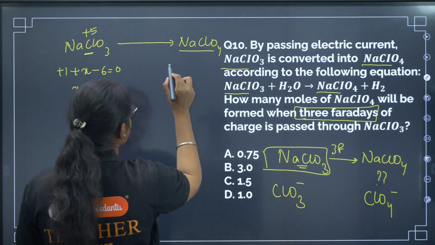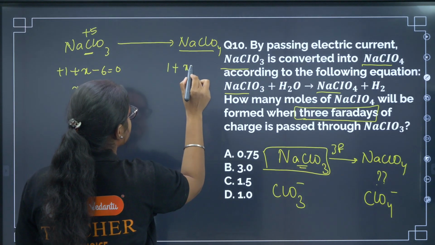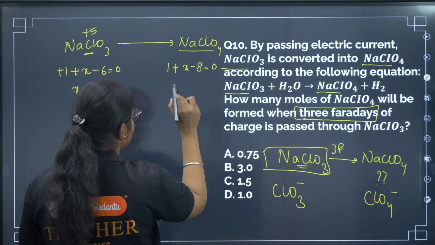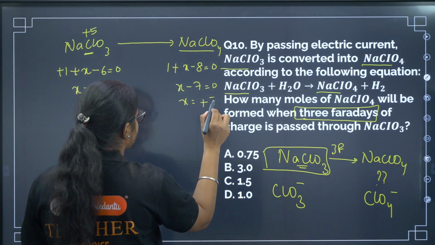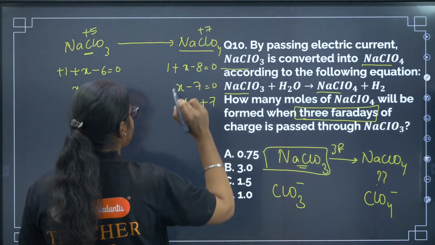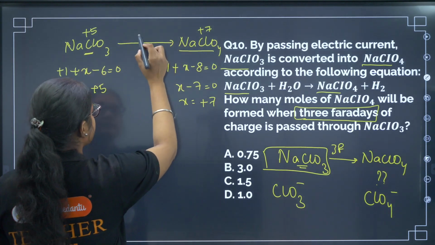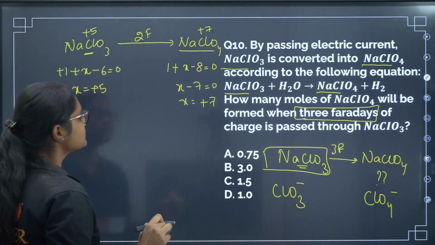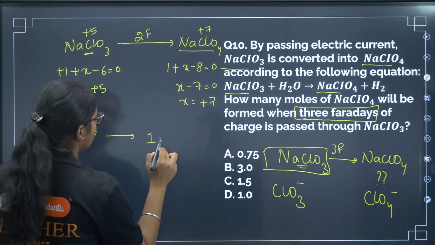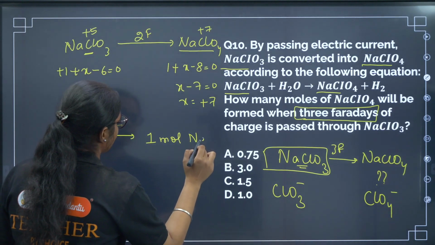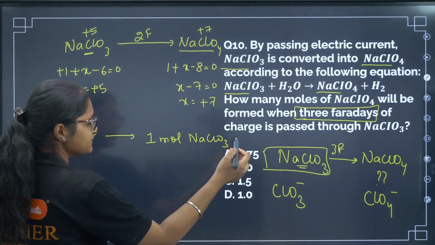And here if you calculate, sodium is plus 1. X minus 8 is equal to 0. X minus 7 is equal to 0. So X is equal to plus 7. Here chlorine is plus 7, right? So from plus 5 to plus 7, it is 2 Faraday, right? So that means using 2 Faraday, we can convert 1 mole of NaClO3 to NaClO4.